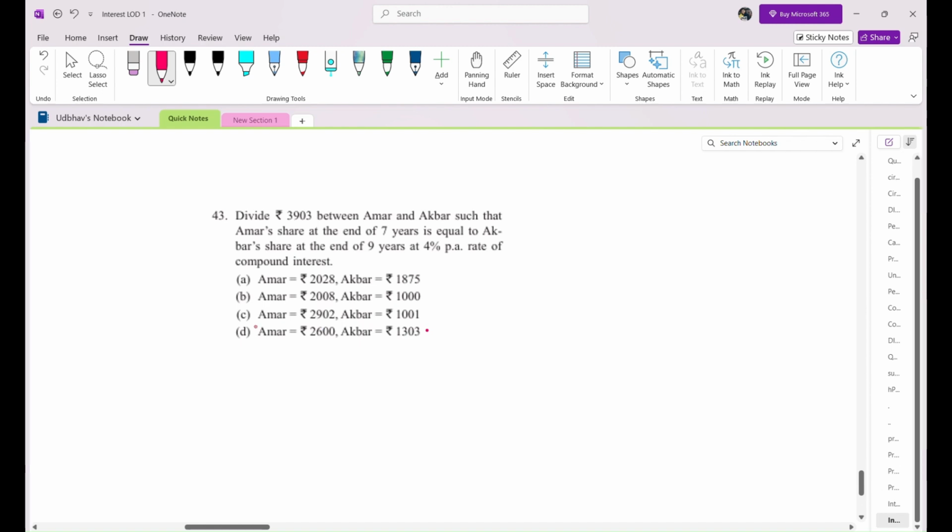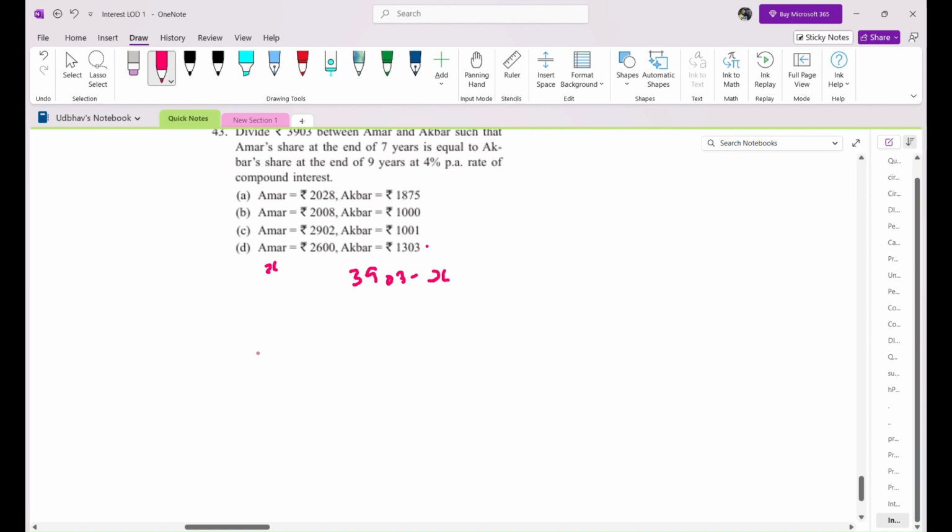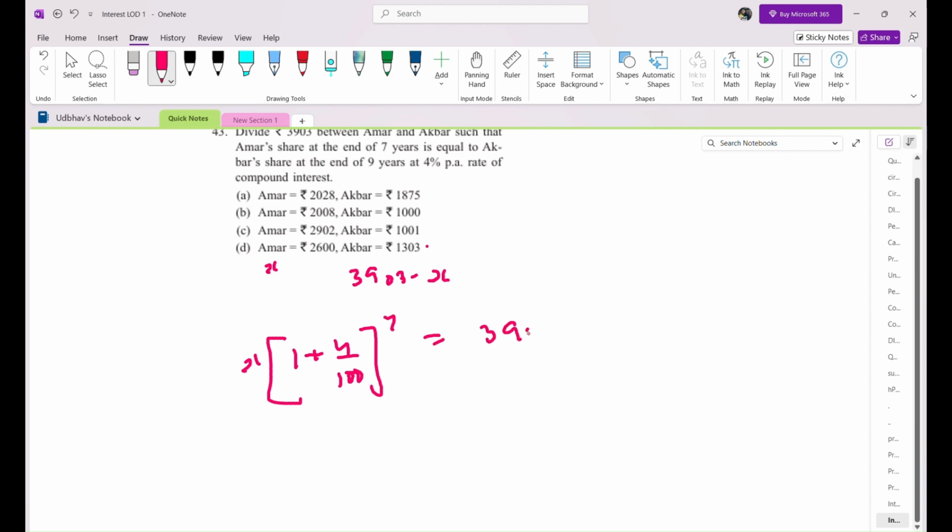We can say Amar was x and Akbar was 3903 minus x. At the end, both amounts should be equal, so the amount for Amar will be x into 1 plus 4 upon 100 to the power 7 equals 3903 minus x into 1 plus 4 upon 100 to the power 9.